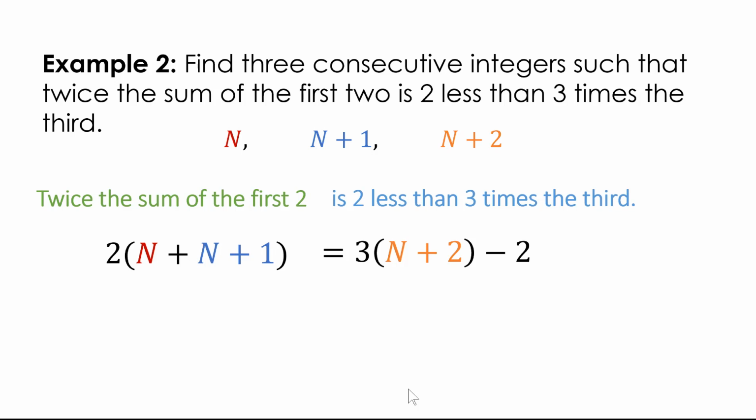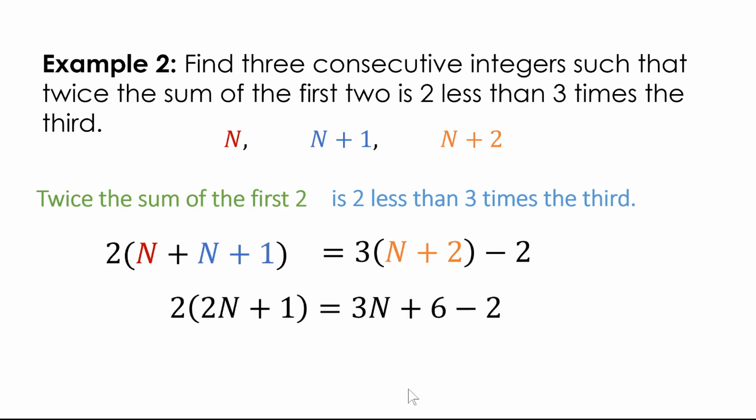Be careful, in that sentence the 2 comes first, but that doesn't mean you say 2 minus 3 times n plus 2, because that isn't 2 less than 3 times the third. 2 less than 3 times the third means you take 3 times the third and subtract 2 from it. All right, so you've set up your equation. Now all you have to do is add your like terms, use the distributive property, and get n by itself.